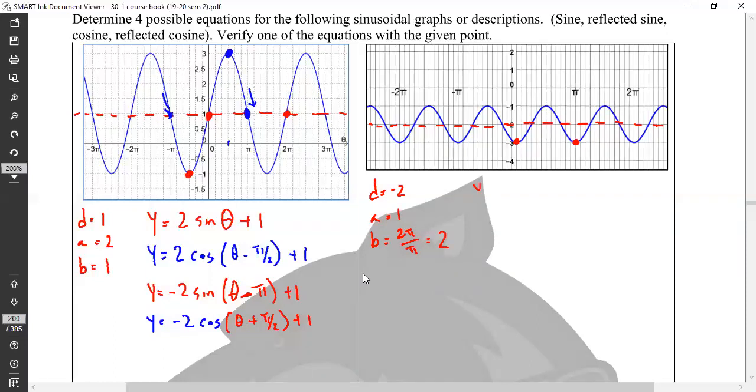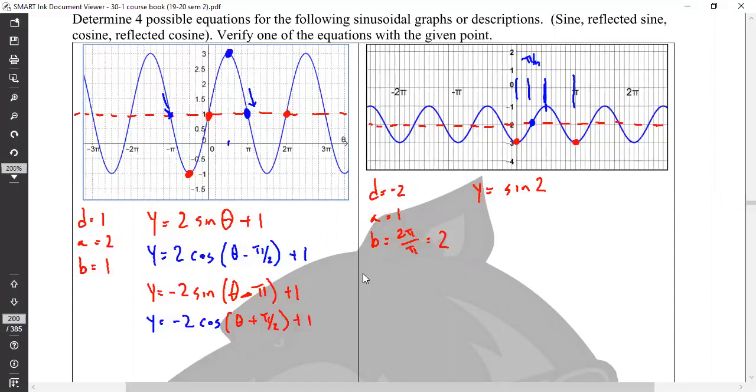Let's start to put this together. Y is equal to sine 2. We need our start point for sine. That's going to be right here. If this is pi to do one full cycle, that means this maximum is at pi over 2. That means this median line is at pi over 4, right?